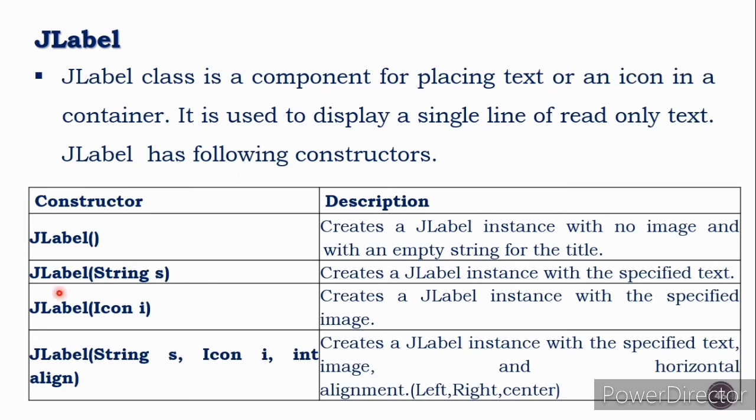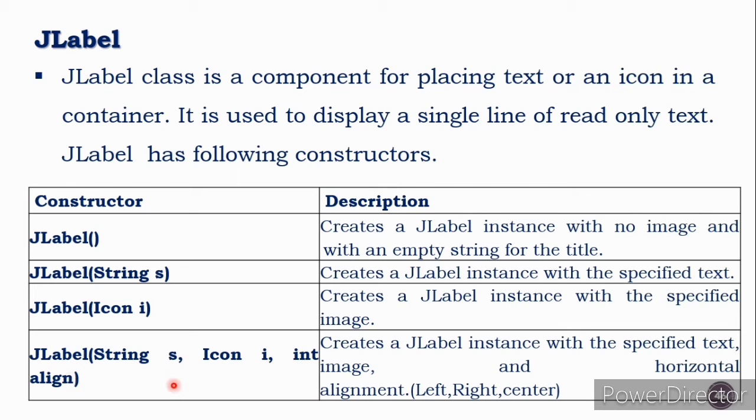Next, JLabel(Icon i). It creates the JLabel with a specified image. Icon i means here we will pass the path of the image, and that image it will display as a label. Next, JLabel(String s, Icon i, int align).